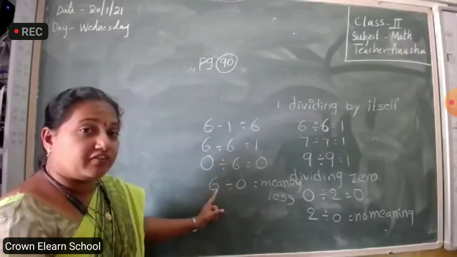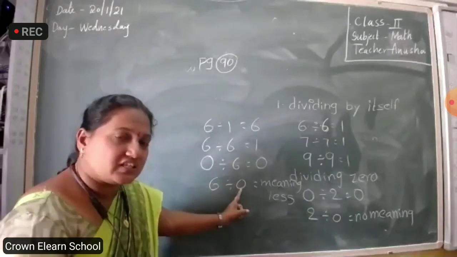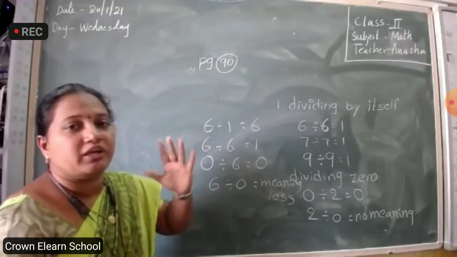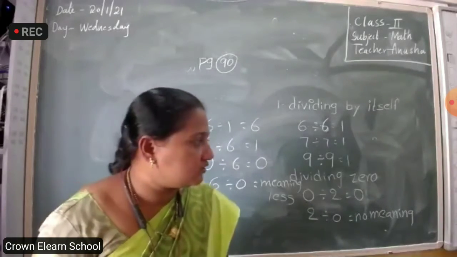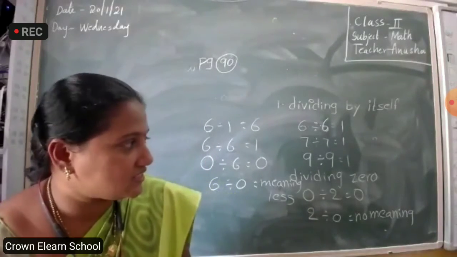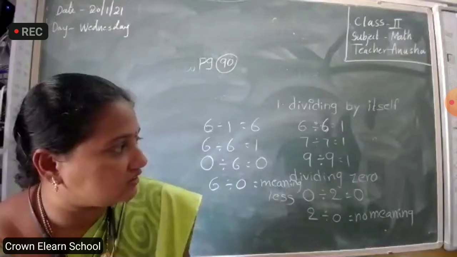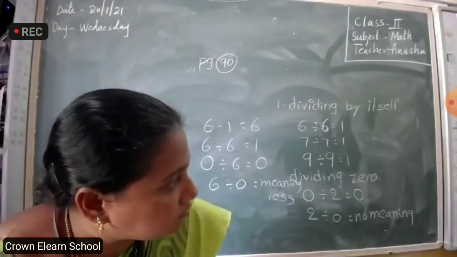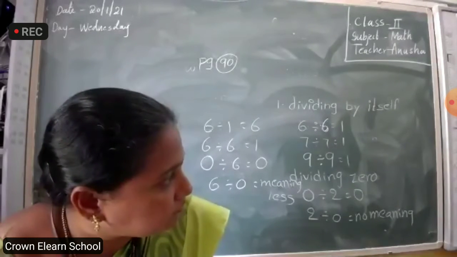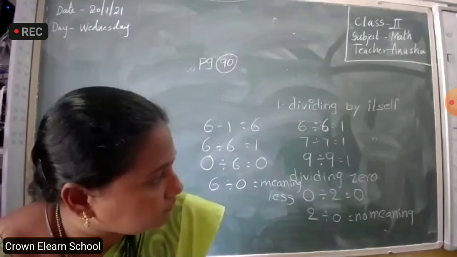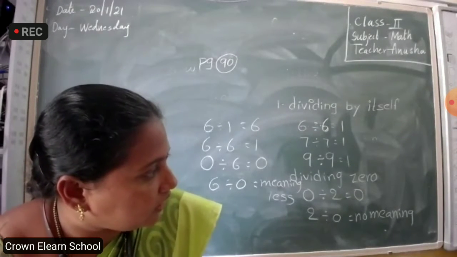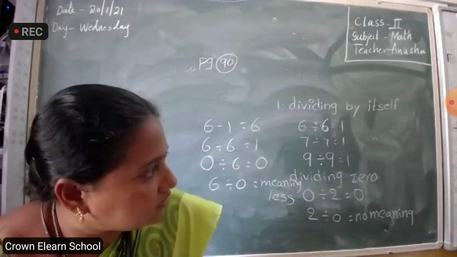Next, when you divide any number by 0, it is meaningless. Have you understood these 4 properties, Nana? Shall I move to the exercise? Shall I start? I think everybody understood that one.